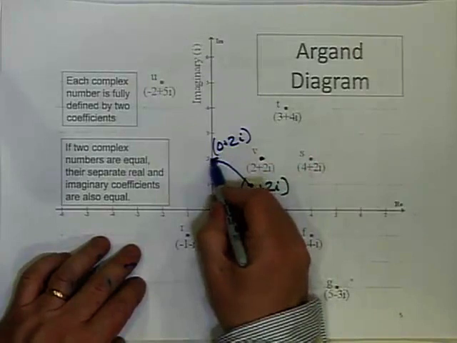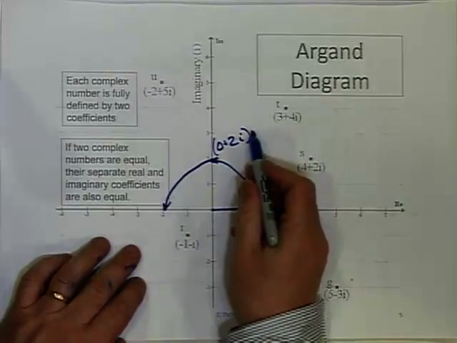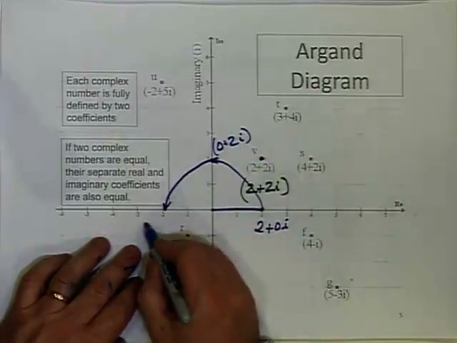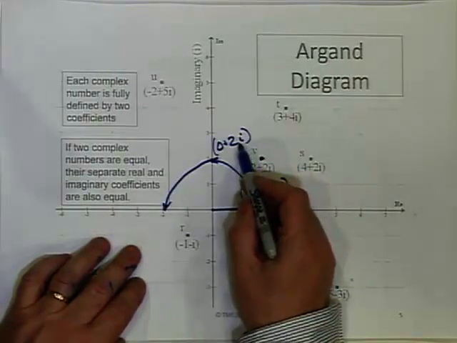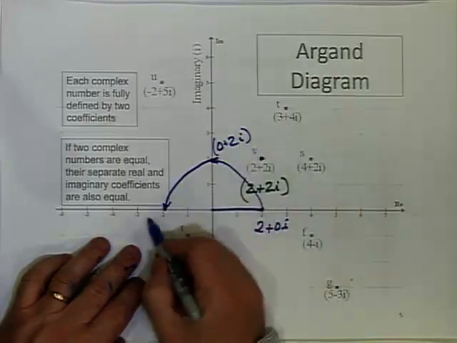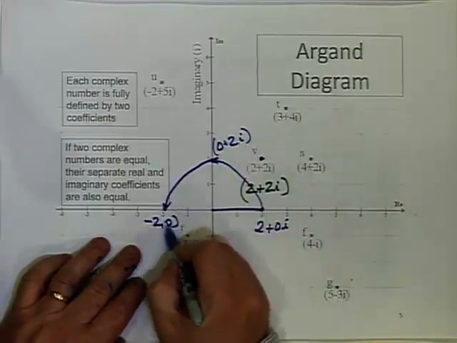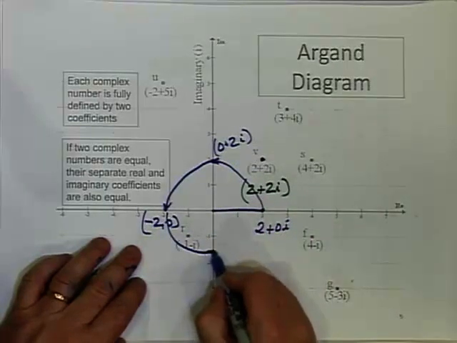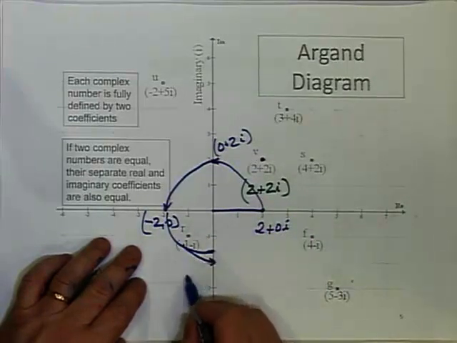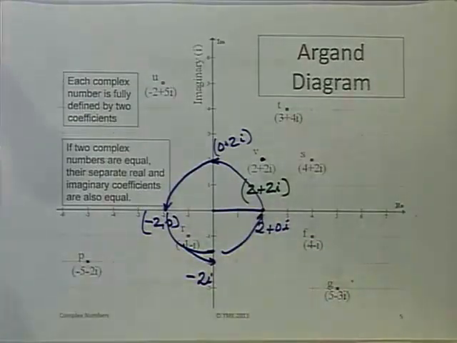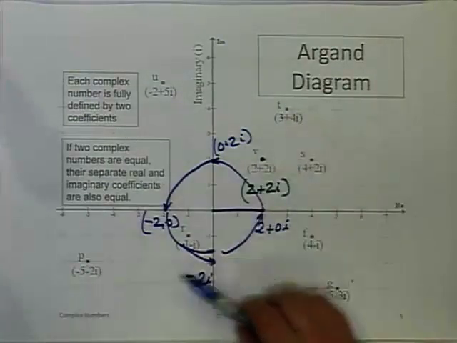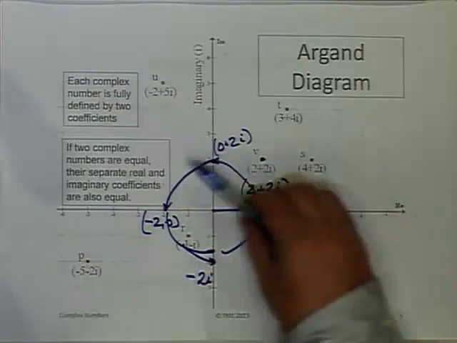I rotate again, I multiply i by i, and I get 2i squared. What's 2i squared? i squared is minus 1. So it's minus 2, nothing. And I go again, down to here, minus 2i, and here, back to 2. So every time I multiply by i, I rotate by 90.